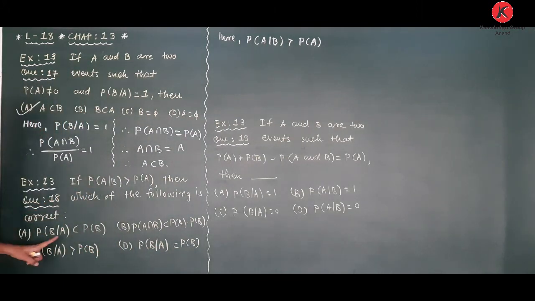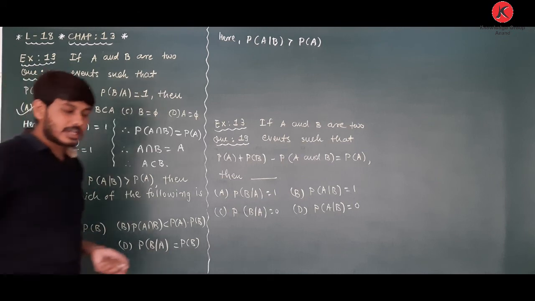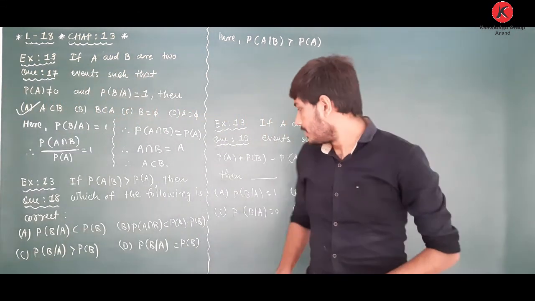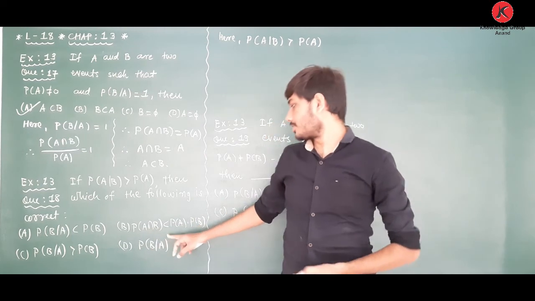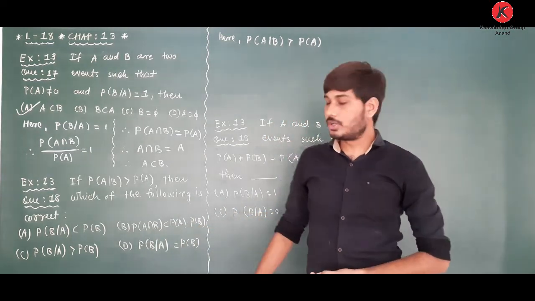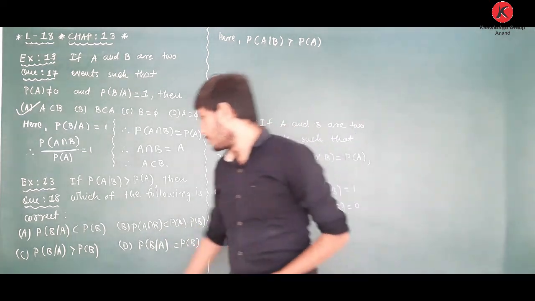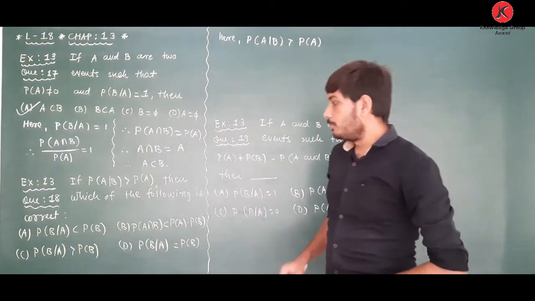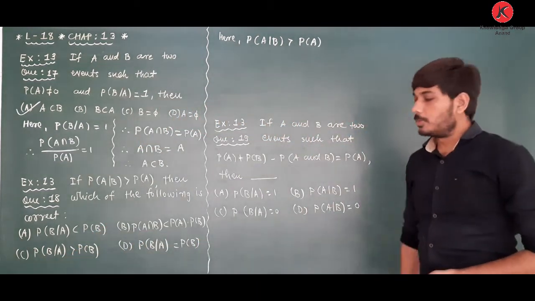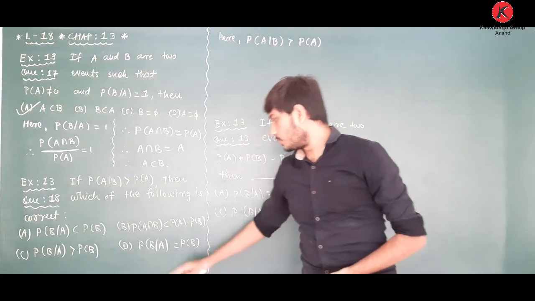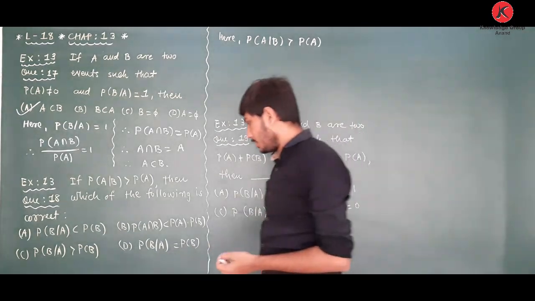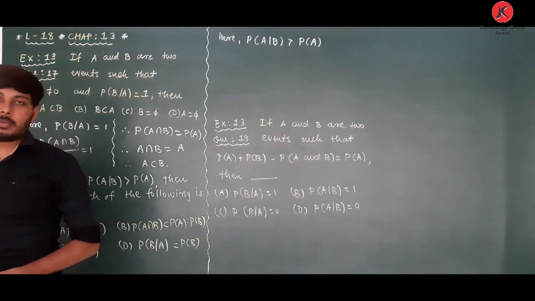Option A: probability of B given A is less than probability of B. Second: probability of A intersection B is less than probability of A into probability of B. Third: probability of B given A is greater than probability of B. And the fourth: probability of B given A equals probability of B.